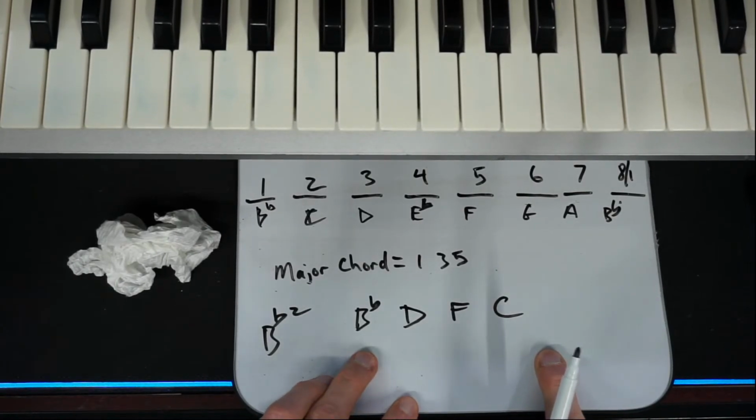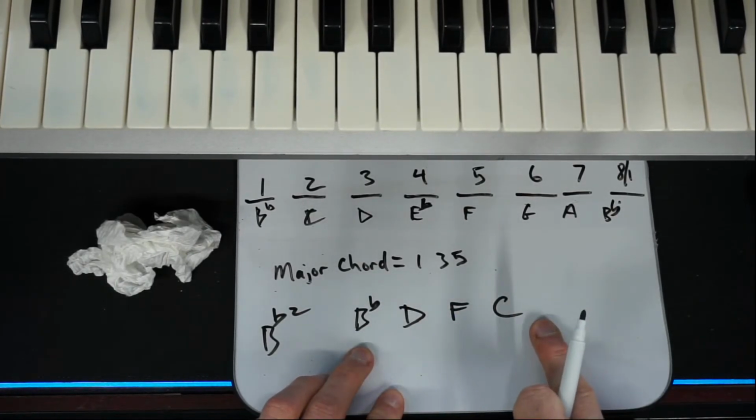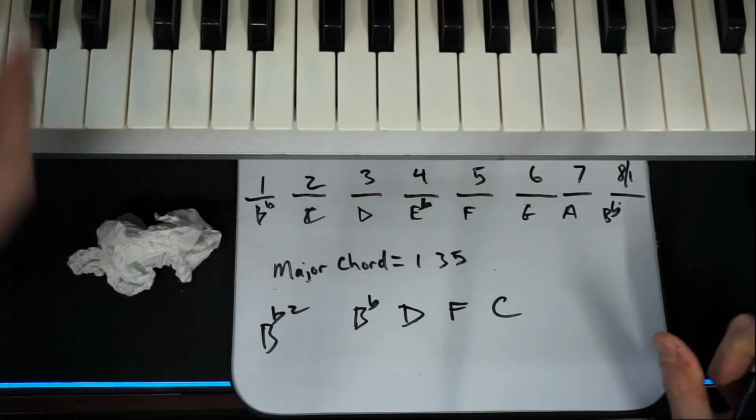I like to think of it, at least as far as the theory is concerned, in terms of stacking on top instead of smashing in the middle. But that doesn't necessarily mean how you're going to actually play it.